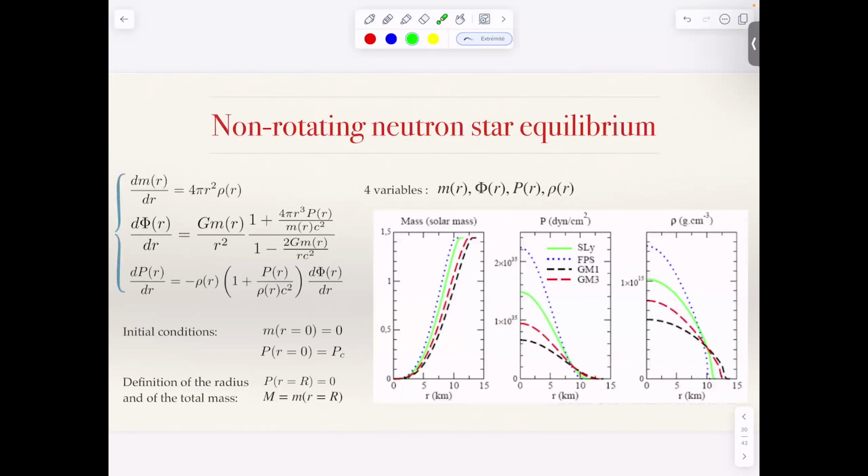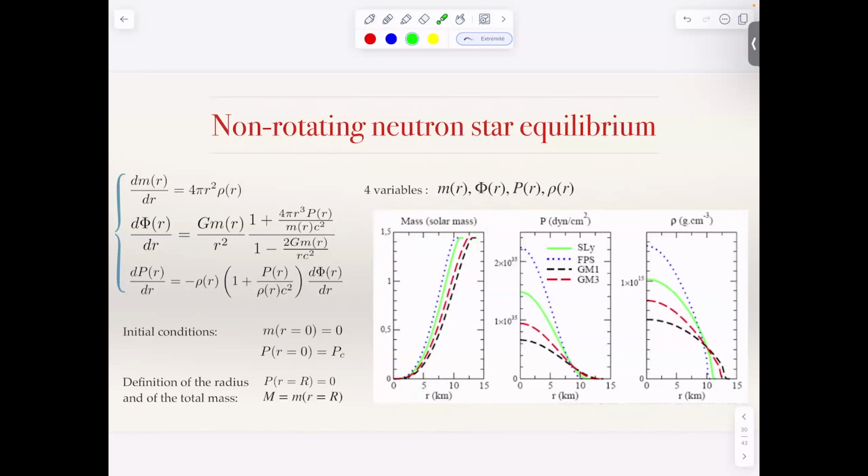So these are just some examples. So this afternoon, in fact, with a Python toolkit, you will produce such a graph. This graph shows you, for instance, as a function of the radial coordinate in the star, what is the enclosed mass, where at the radius you have the total mass of the star.